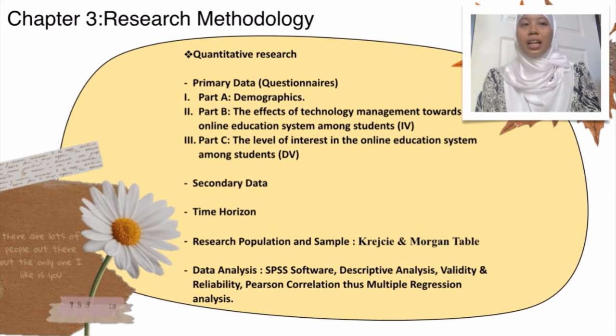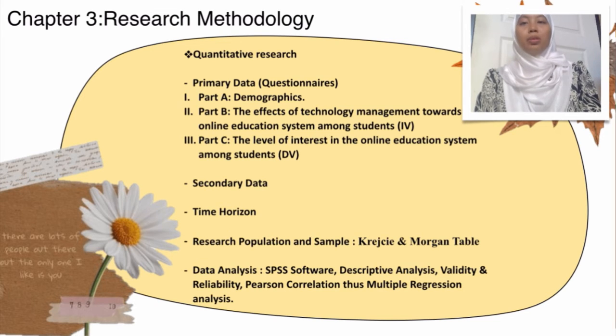Research population and sample. The Krejcie and Morgan table was used in this study. As mentioned above, the stated population of first year degree students in FPTT is around 412 students, and the value closest to the table for the sample was 400.